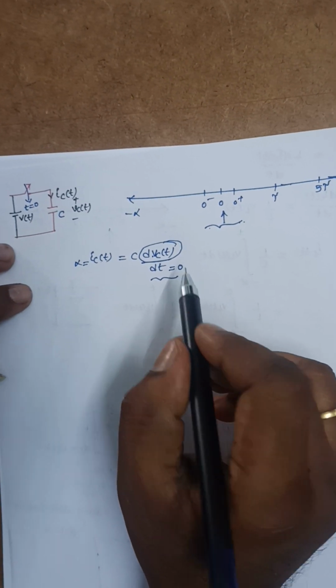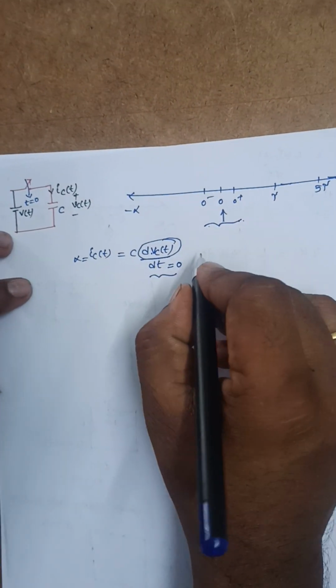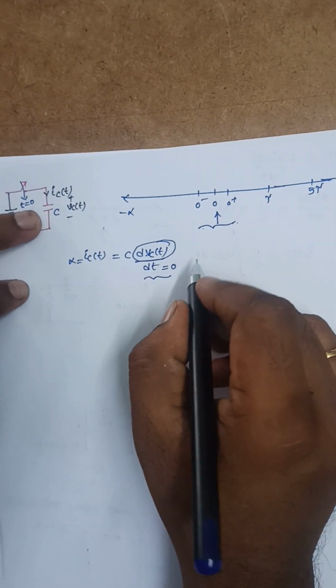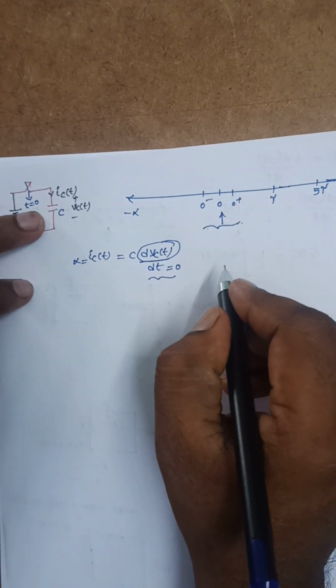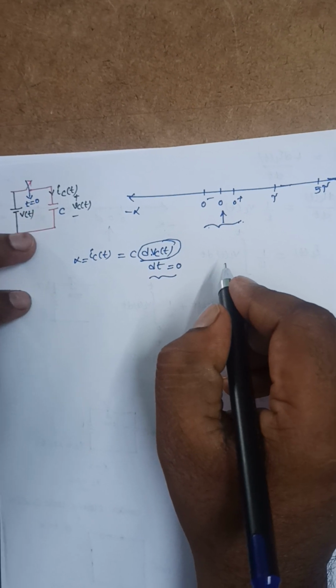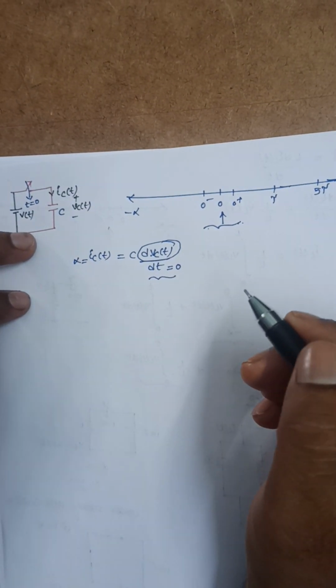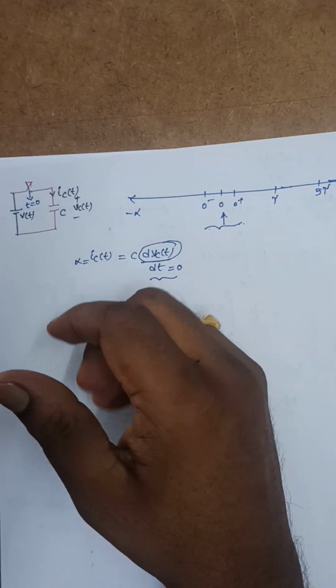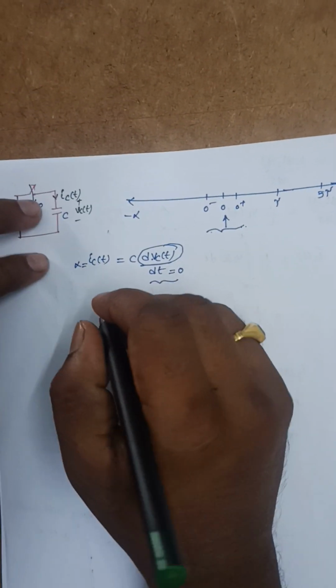That means the capacitor doesn't allow sudden changes in voltages. The inductor doesn't allow sudden changes in current; similarly, the capacitor doesn't allow sudden changes in voltages.